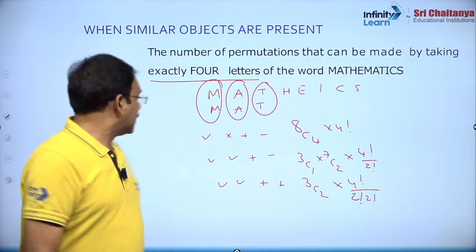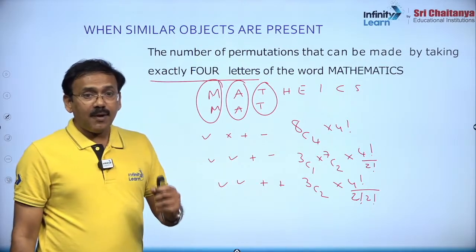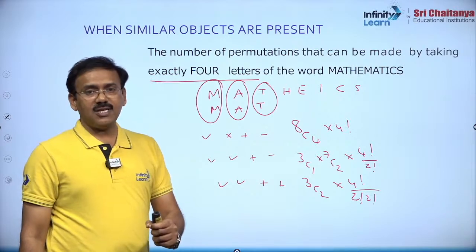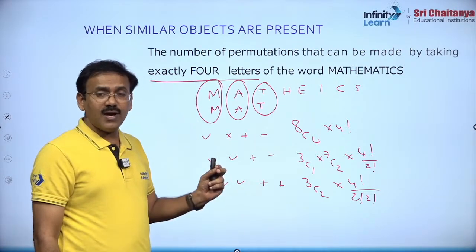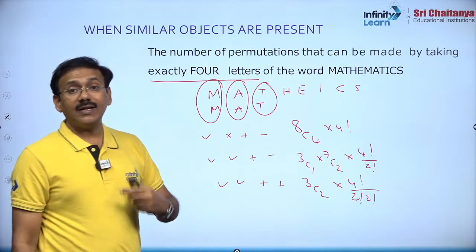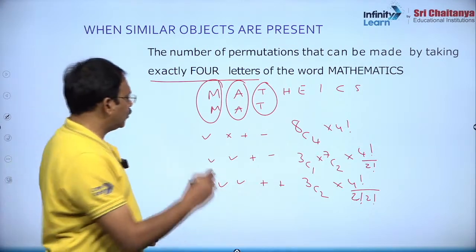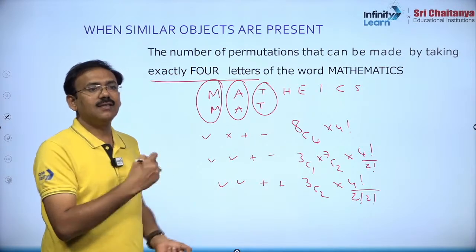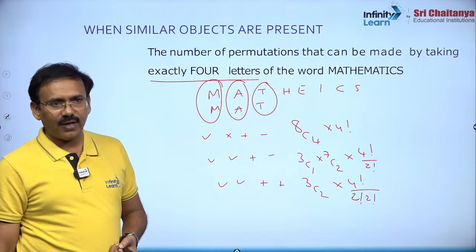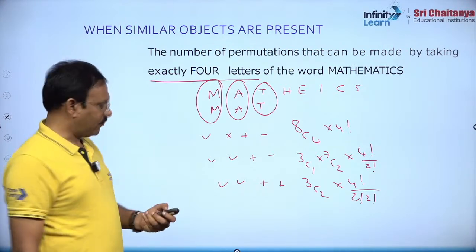So, when arranging certain things, we are not taking all, only a few. When things are similar, you take the different combinations, first you select, then arrange.